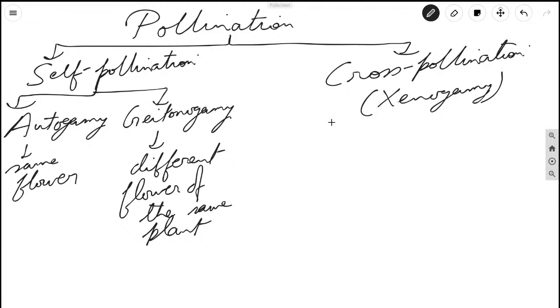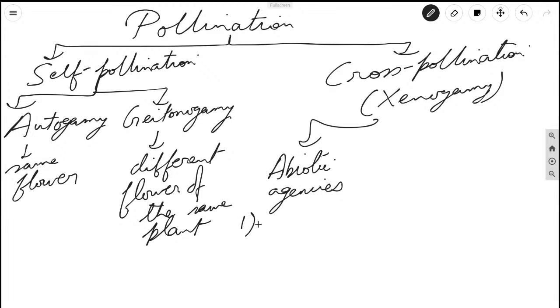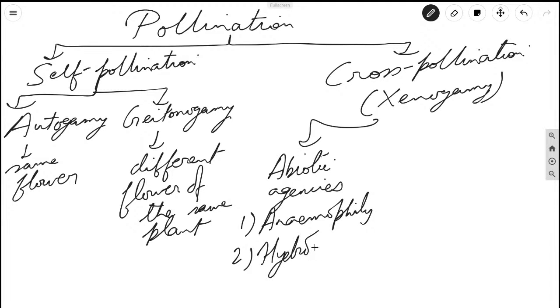Okay. Then you will be having xenogamy. Xenogamy may have abiotic agencies. Under abiotic agencies, you may have anemophily. You may have hydrophily. Okay.